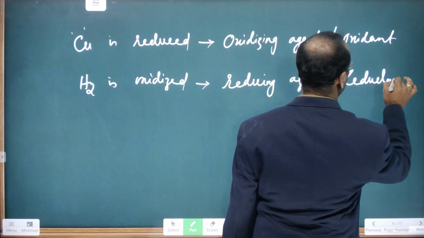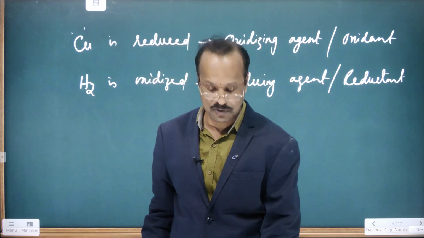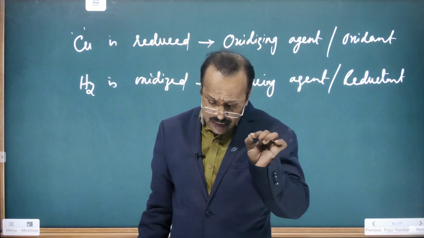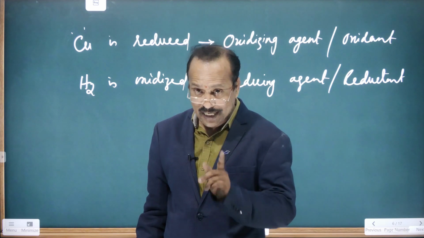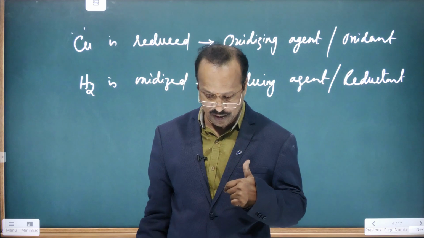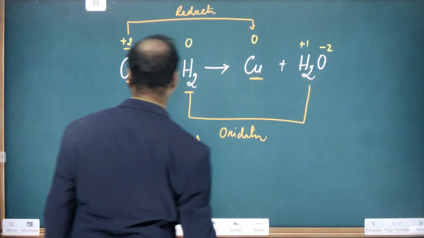Clear? Now if you have the material, page number 76, it says the substance which gains electrons or which undergoes reduction is called an oxidizing agent.